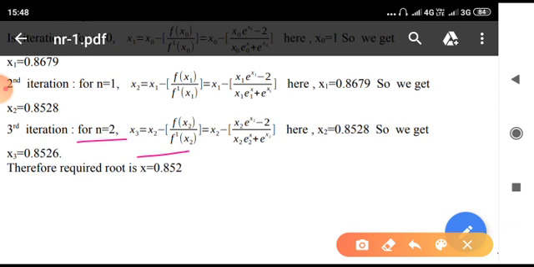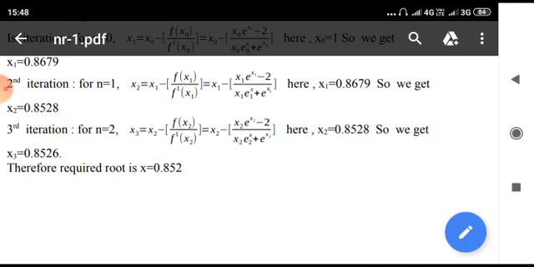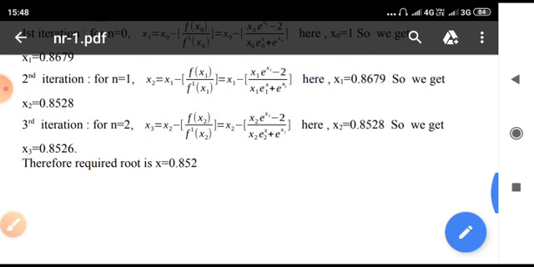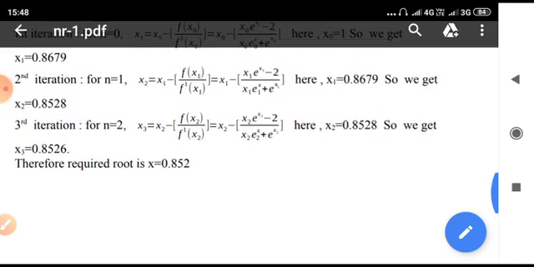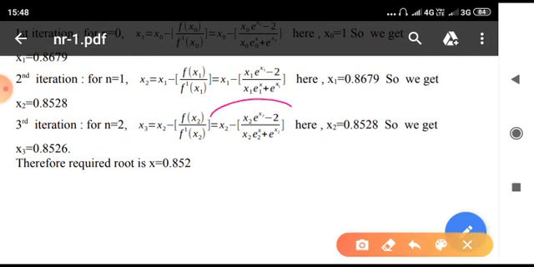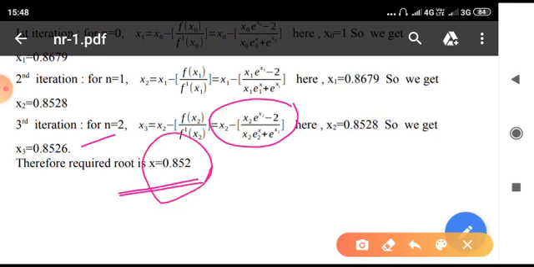And we know that from the previous step x2 is 0.8528. So when we substitute this x2 value in this equation, we get x3 as 0.8526. Thus the required root corrected to 3 decimal places is 0.852.